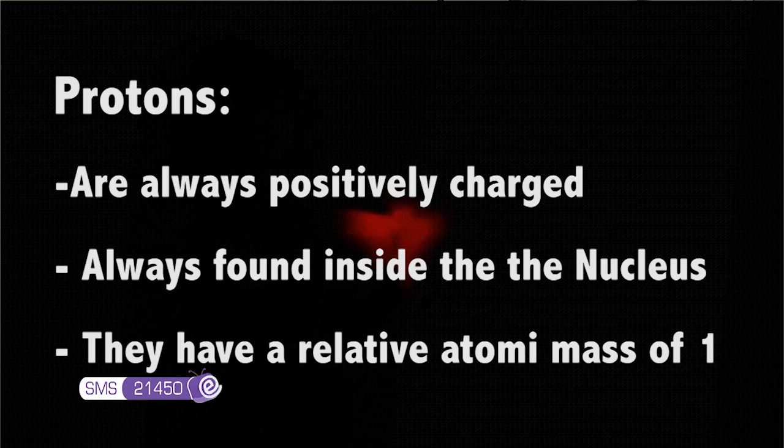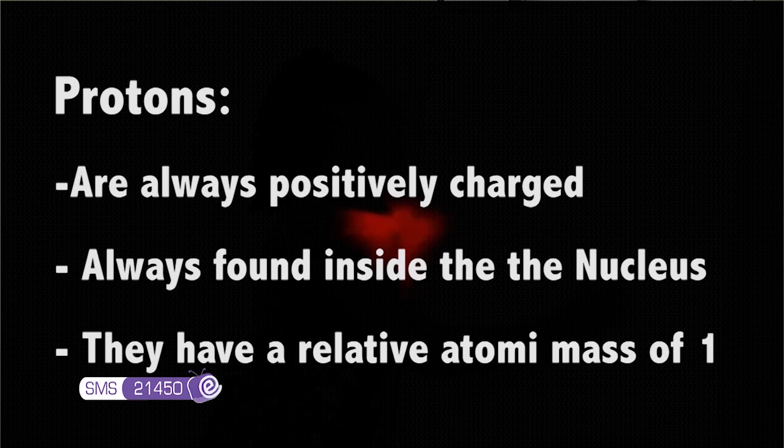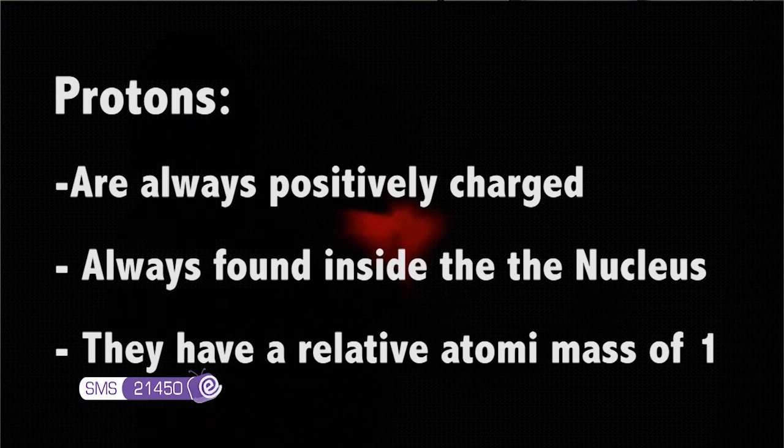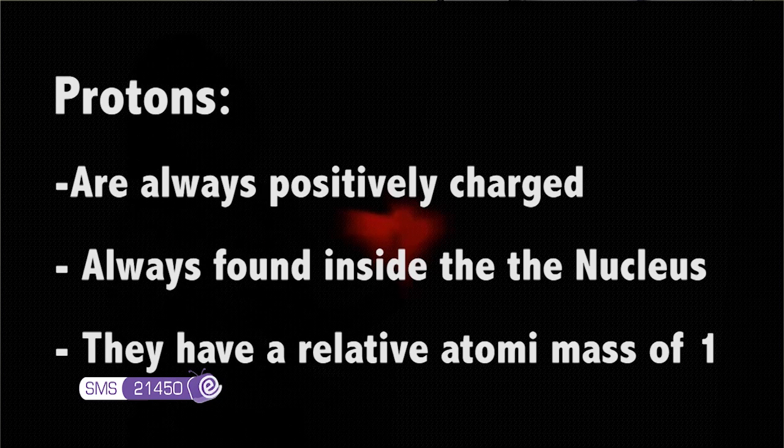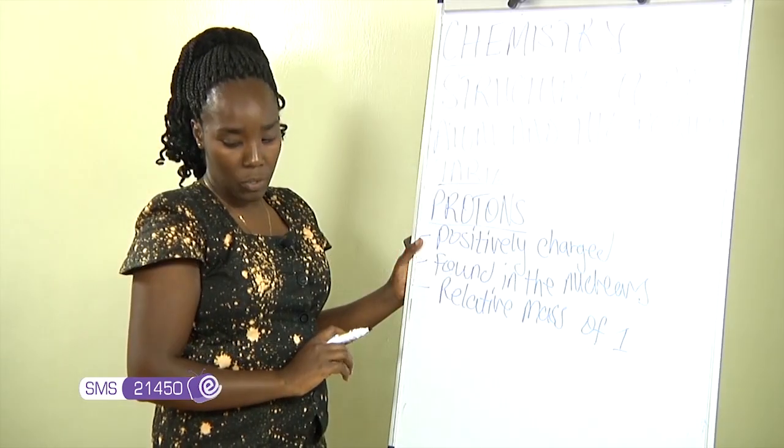So always their position is in the nucleus. And number three, the protons have a relative mass of 1. So those are the proton particles that we have in an atom.